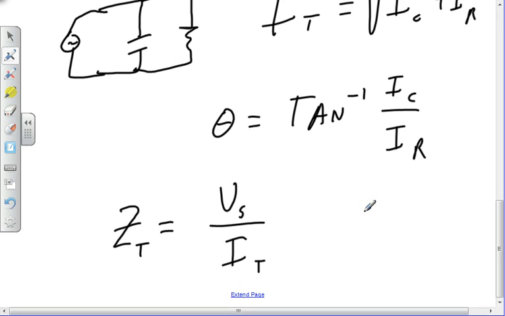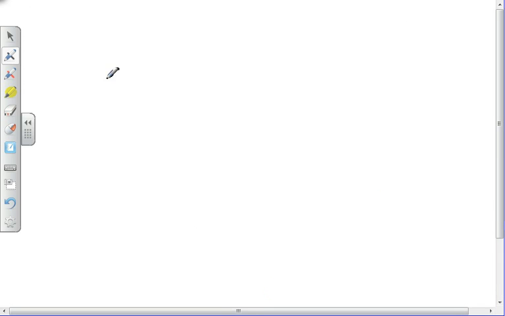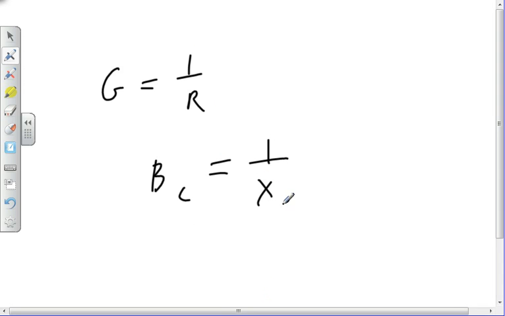Okay, turning the page. Another word: susceptance and admittance are two words we don't use very often. We have conductance G, which is 1 over R, and then we have B sub C, which is susceptance, going to be 1 over XC.